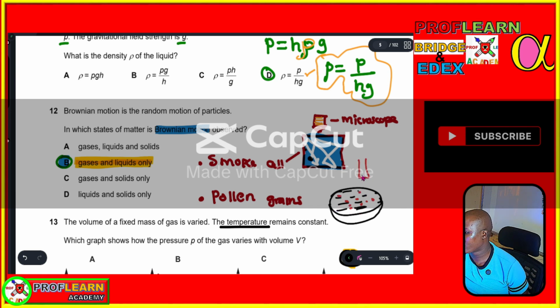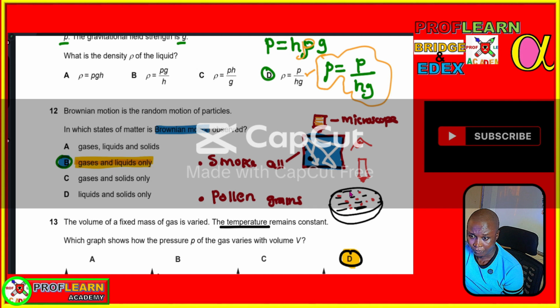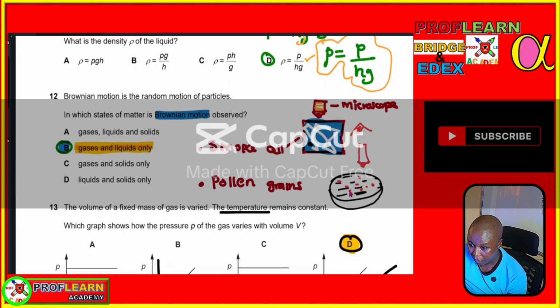If you have a traveling microscope and your eye is positioned here, you are going to see the pollen grains moving in random motion. The reason they are moving randomly is because those pollen grains are colliding with invisible water molecules which are moving randomly, and that is what is called Brownian motion.